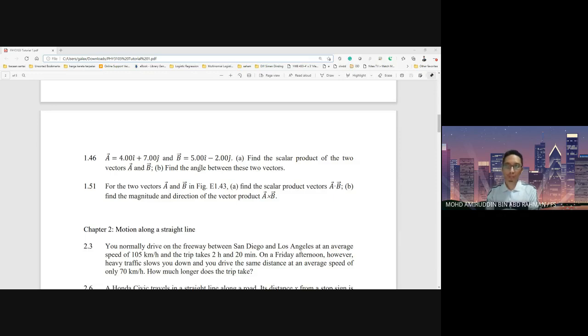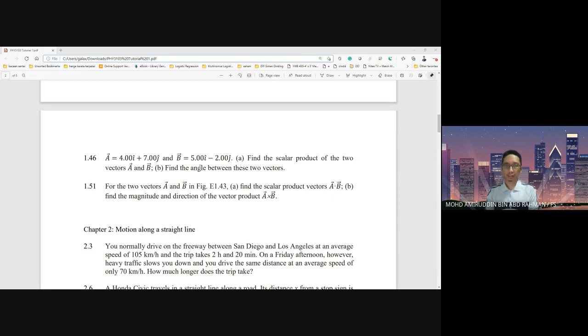The magnitude of A, of course, will be the square root of 4 squared plus 7 squared, which equals 8.06. And then what is B? B is a similar calculation, equal to the square root of 5 squared plus minus 2 squared. So B is equal to 5.39.